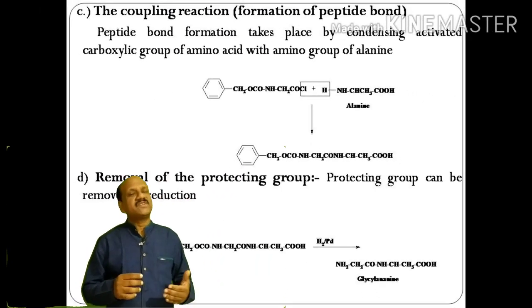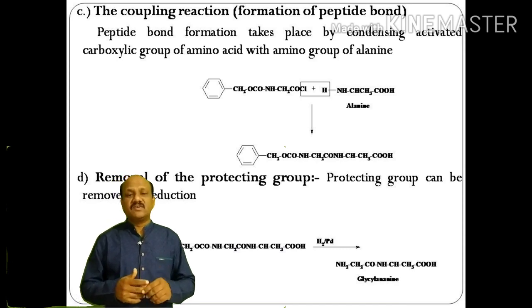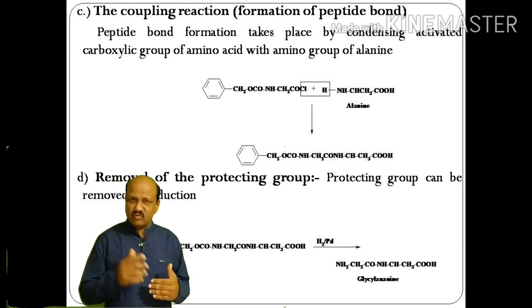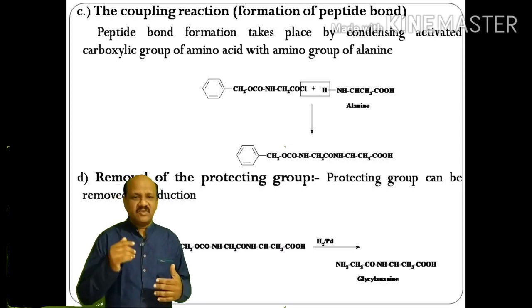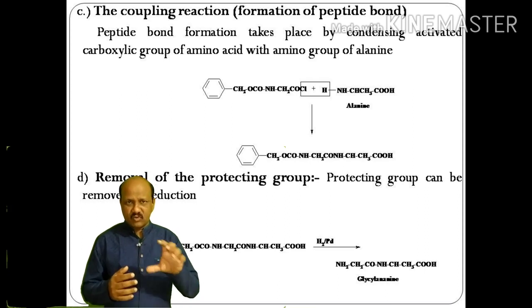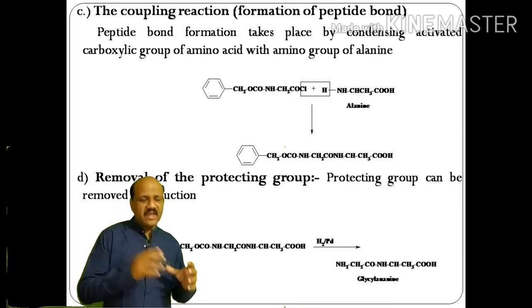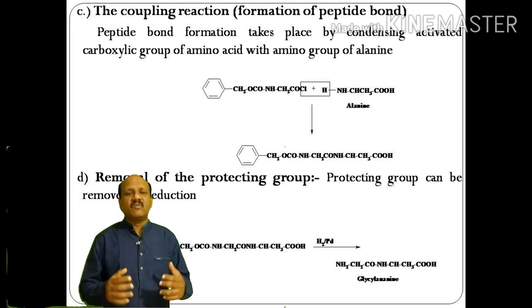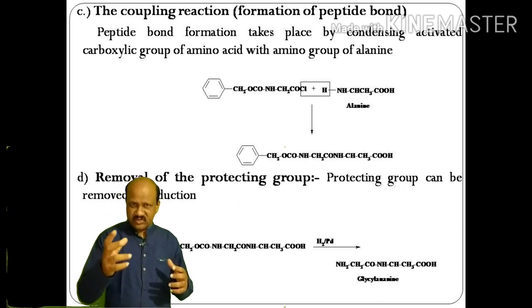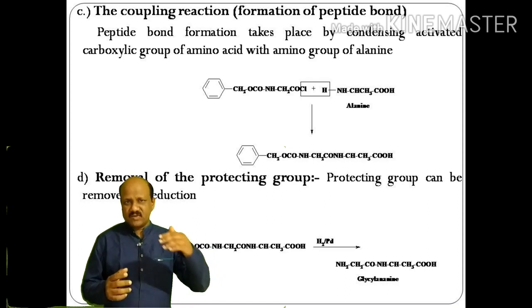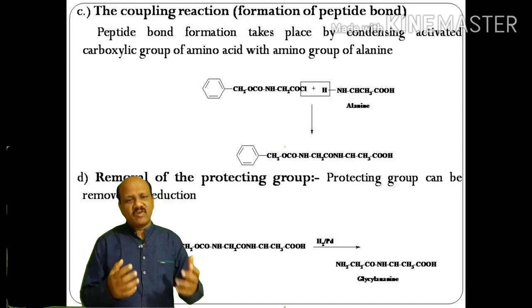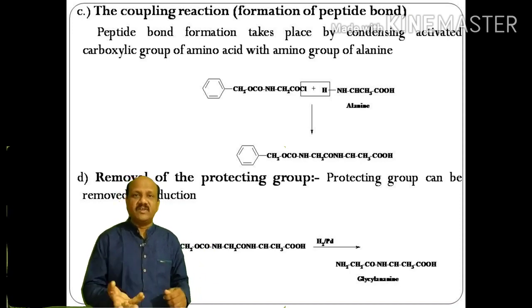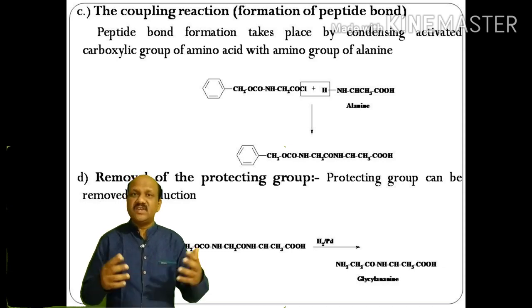Peptide bond formation takes place by condensing the activated carboxylic group of the amino acid with the amino group of alanine. The previously formed chloro-substituted product reacts with alanine, then the hydrogen from the NH2 of alanine and the chlorine atom of the chloro-substituted product combine, forming a polypeptide bond, the CONH bond, a new bond.